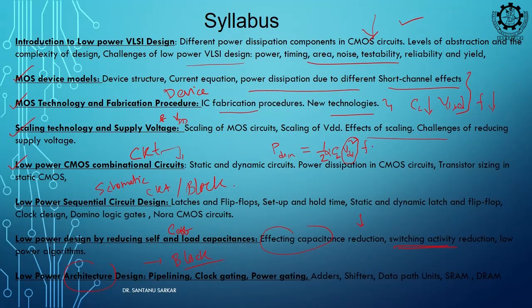Several techniques are there, like pipelining, clock gating, power gating. Have you heard these terms? A few techniques can be helpful in saving power. We will see this in detail, with some design examples, for example how to design an adder, shifter.